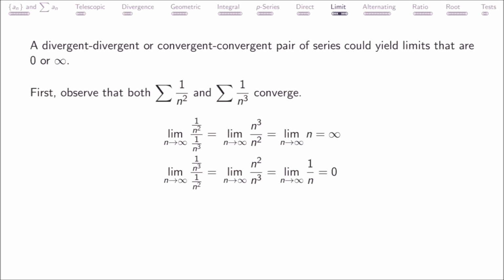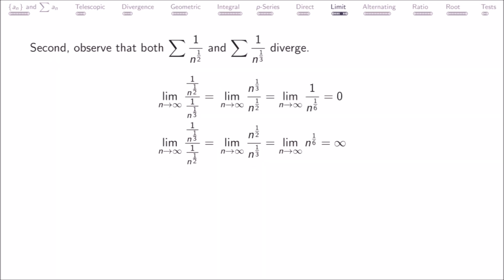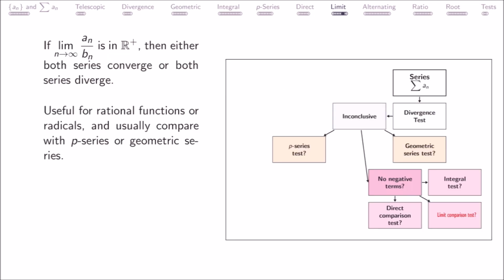A divergent-divergent or convergent-convergent pair of series could yield limits that are 0 or infinity. First, observe that both series 1 over n squared and 1 over n cubed converge. Second, observe that both these series diverge. Here is the flowchart.